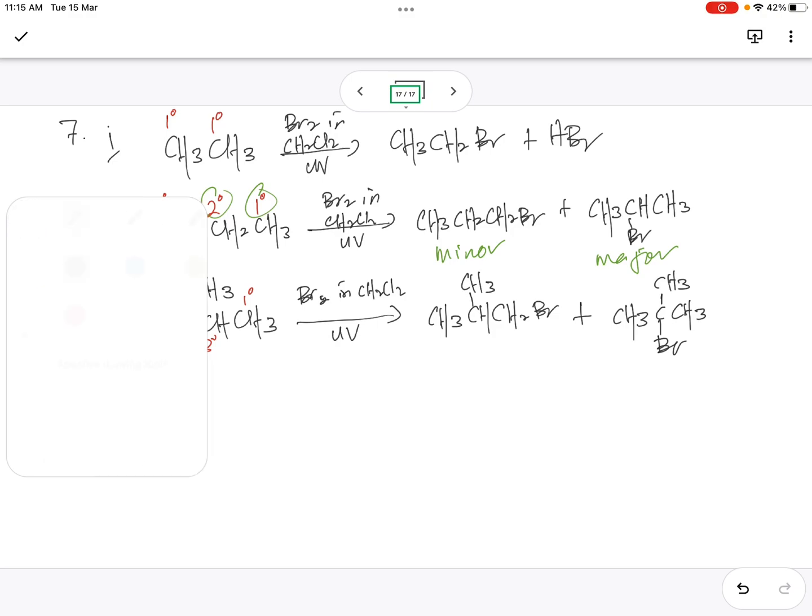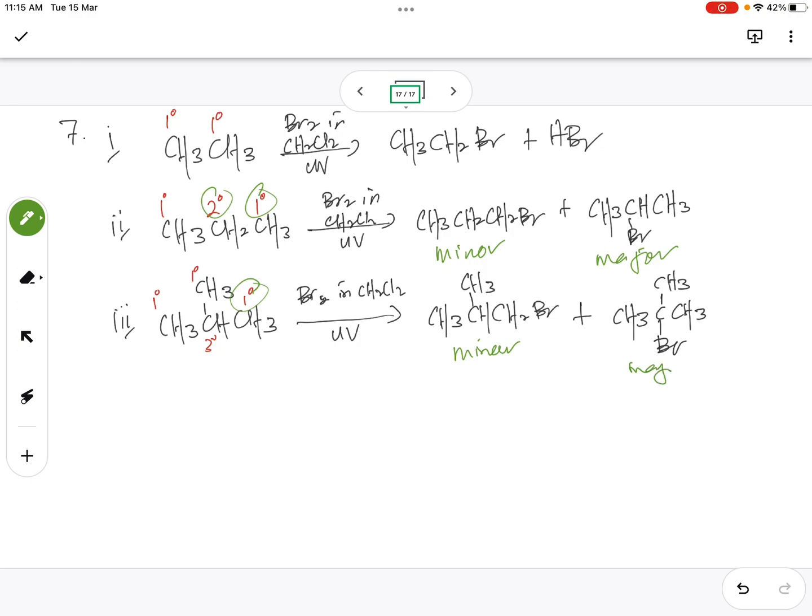So we take note here, this is again our minor because the substitution occurs at primary, and we have the second one as major because it occurs at tertiary. Okay guys, for this structure, can? Okay, good. Number 4 is a ring, but the process is the same.